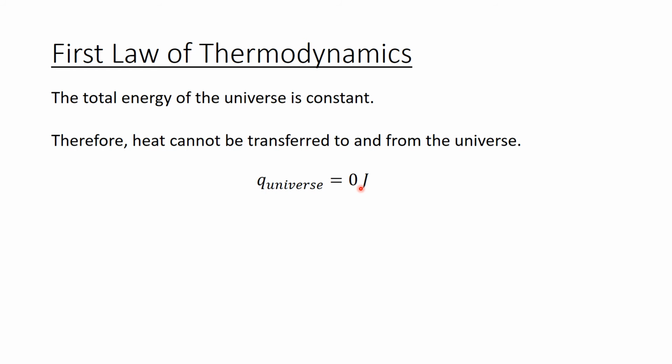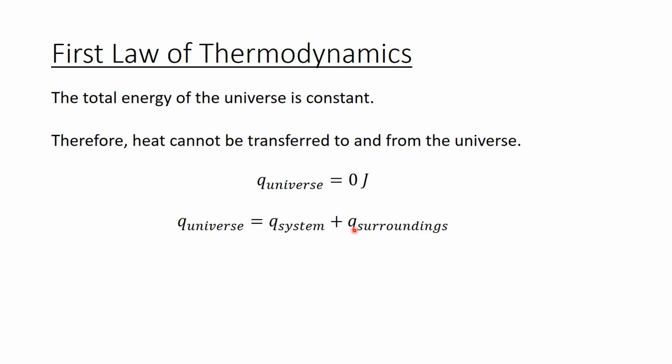Now, from the last slide, the heat transferred to the universe can be broken into two parts. The heat transferred to and from the system, and the heat transferred to and from the surroundings. If I can just divide the universe into system and surroundings, I can also divide the universe's heat into system and surroundings.